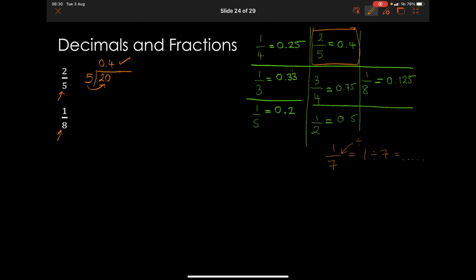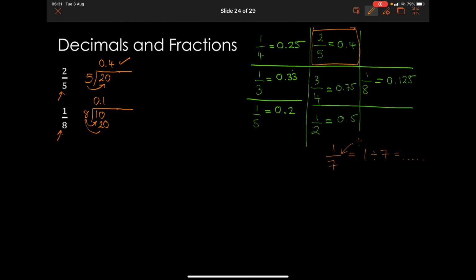1/8 is like saying 1 divided by 8. How many 8s go into 1? Well, you can't do that, so you say it's 0 point and then add a 0. How many 8s into 10? 1, remainder 2. 8, 9, 10, 2 left. Add a 0, because it's a decimal now, so you can just continue to add the 0.